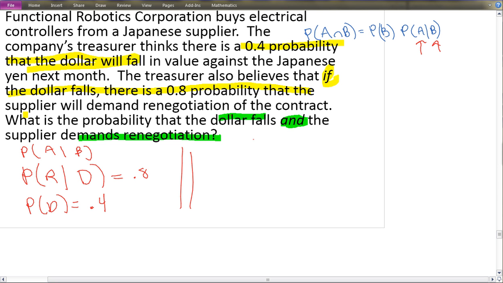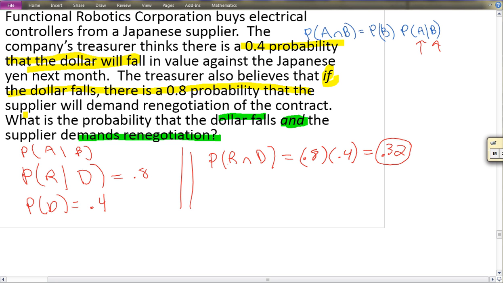Following our formula, the probability that both happen, the probability of renegotiation and the dollar falling, is equal to 0.8 times 0.4, and that's equal to, I believe, 0.32. There you go. So that's a very straightforward application and plugging in of this problem using that formula.